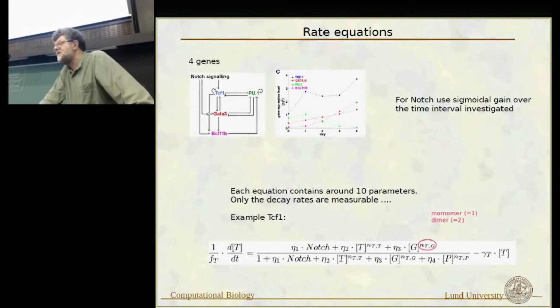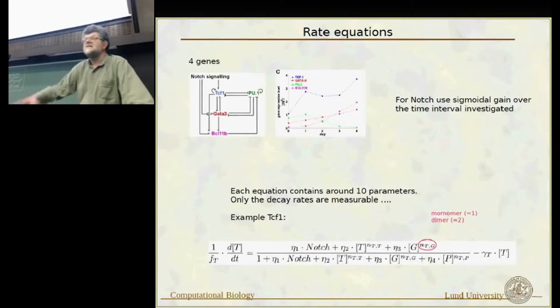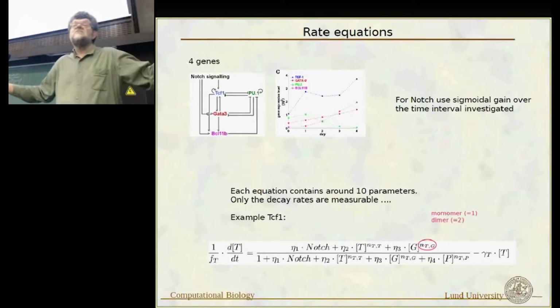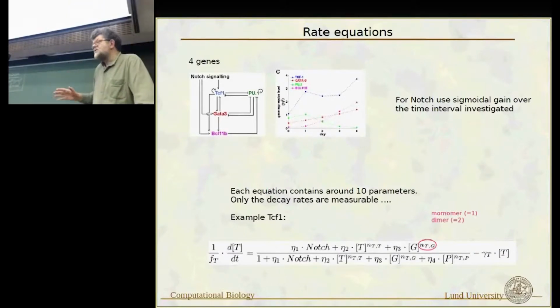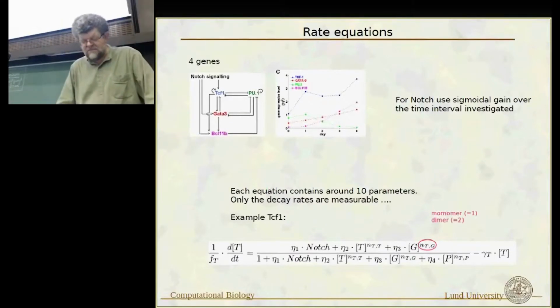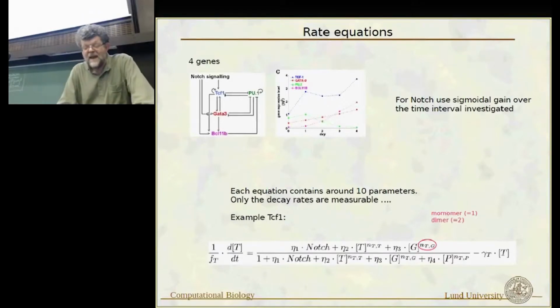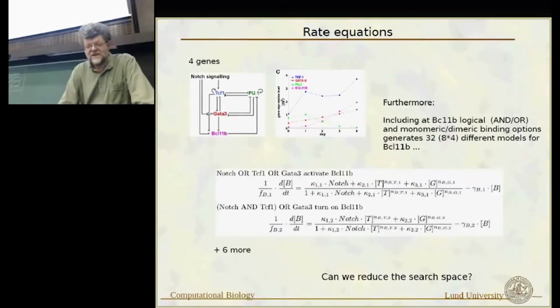If such an exponent is 2, that means it's a dimeric coupling. If it's just 1, it's the normal. For Notch, we know very little. What we have assumed is a sigmoidal gain function, and I think that's not a big crime. For each equation, you can see you have 10 parameters, and only the decay rates are measurable, not with an enormous precision.